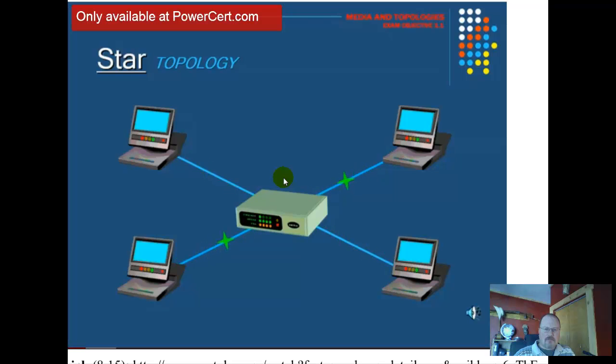One of the major benefits of this topology is that if one computer failed, or if there was a break in a cable, the other computers will not be affected because each computer has their own cable connection. However, a disadvantage of a star topology is that if the central hub or switch fails, then all the computers on that central point would be affected. This is called a single point of failure. If this happens, the entire network goes down.